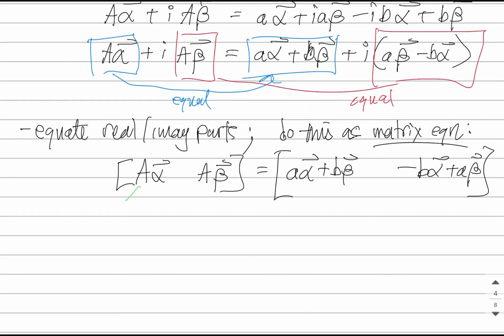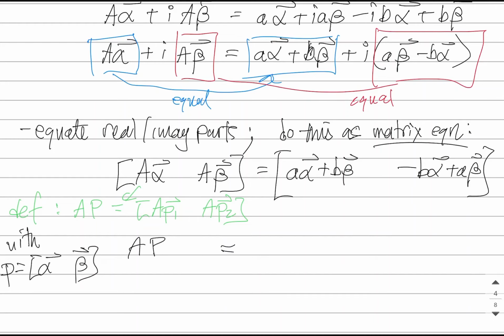This right here is the definition of a matrix times a matrix. This is what I called the theoretical definition of a matrix product. It would just be A times the first column of that matrix, and A times that second column. So that means on this side over here, I have this as a product, A times P, where P is a matrix that holds the real part and the imaginary part.